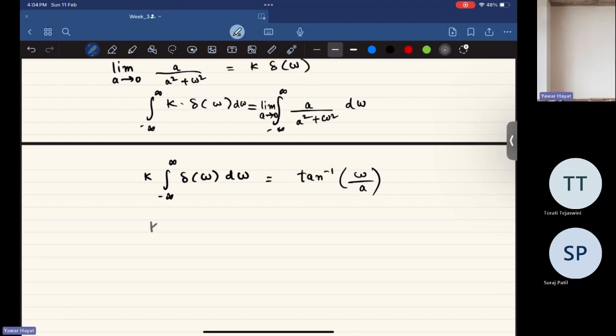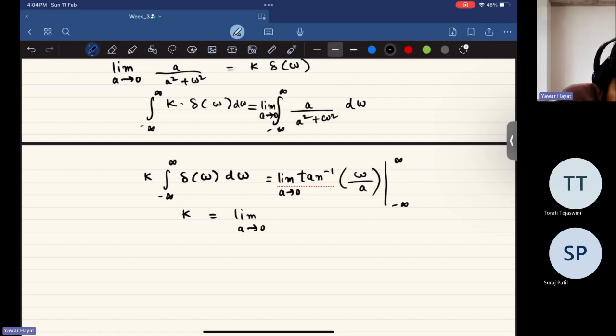Now, this is k in the limits minus infinity to infinity. Nice. We forgot the limits. This is limit a tends to 0. This is again limit a tends to 0. Tan inverse of omega by a when omega tends to infinity.